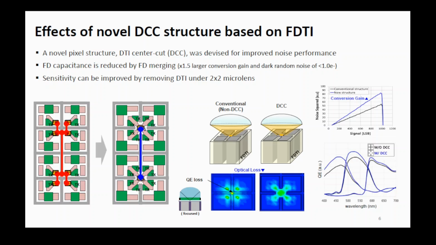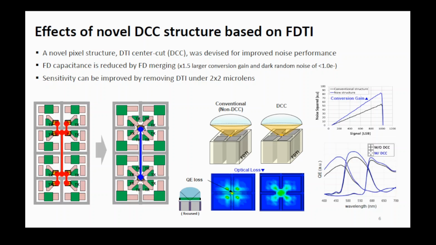In order to solve this problem, we made this DCC structure. In the DCC structure, at the center of the 2x2 pixel, the DTI is cut.